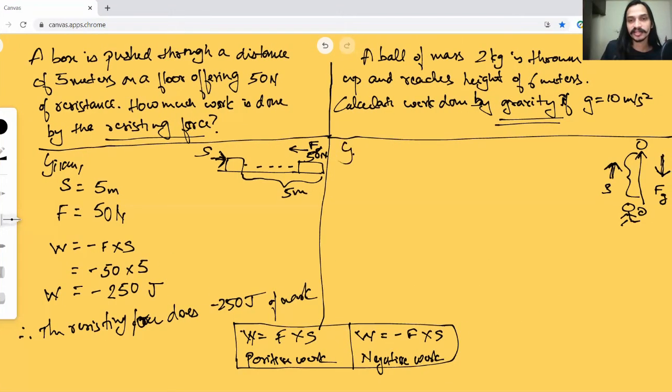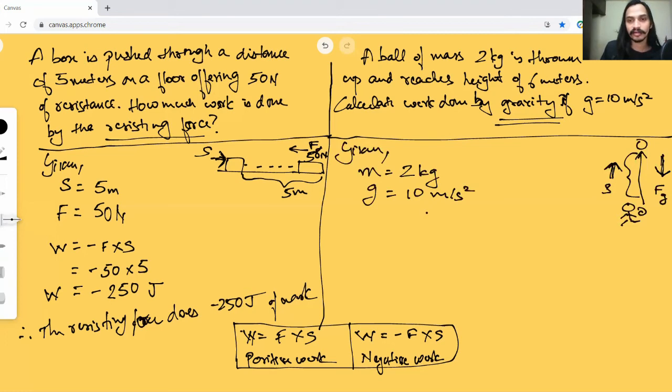All right, so let's first write what is given to us. They gave us the mass of the ball, which is 2 kilograms. They asked you to take g value as 10. Sometimes they'll say 9.8, sometimes they'll say 10. Just use the value they give you in the sum.